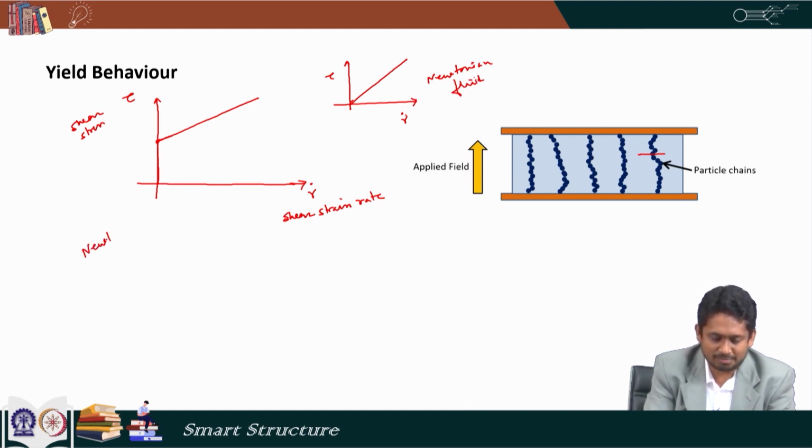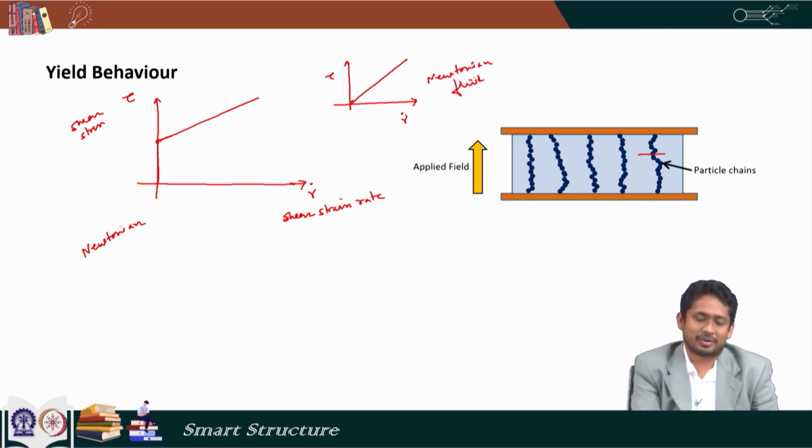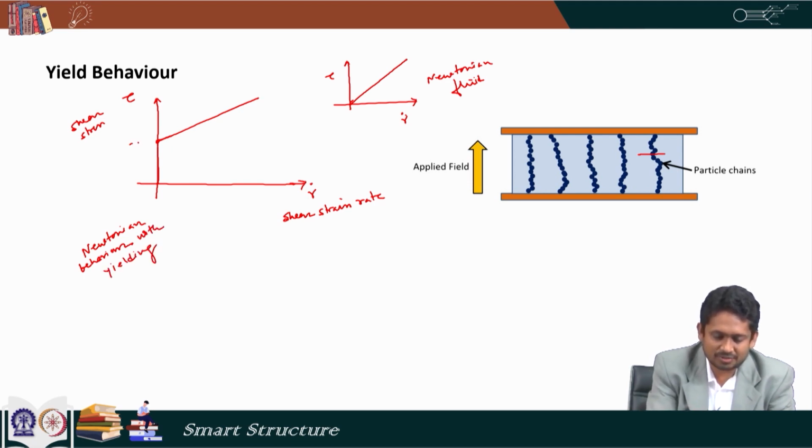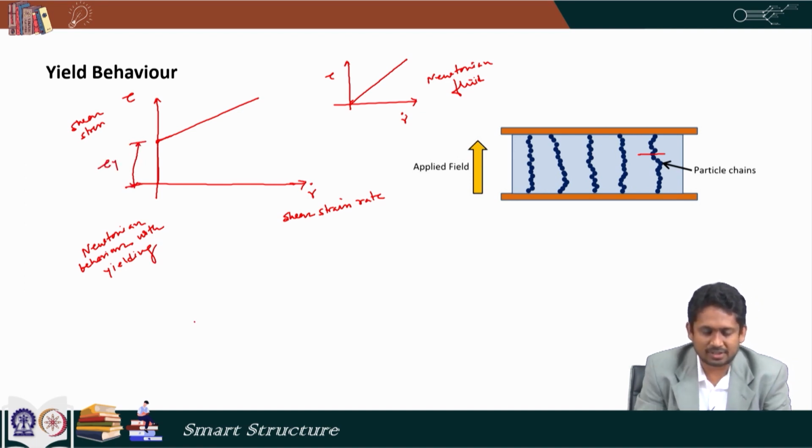So, this is also Newtonian behavior, because once we have overcome the resistance by the chain, the behavior is again a linear behavior. So, it is Newtonian behavior with yielding. Now, this stress that is required to cause the flow is called the yield stress, tau y.